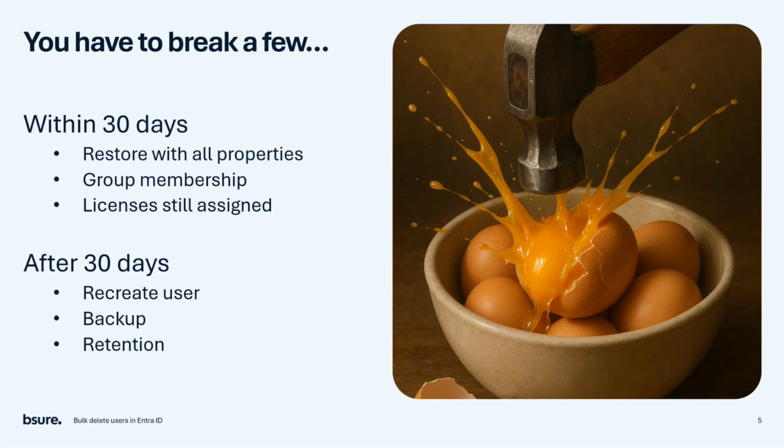You have to then recreate the user, and whether you can recover content depends on whether you have backups of your 365 environment, and also what retention policy your organization has set for mailboxes, OneDrive, Teams, and so on. But the key takeaway is, as long as you discover a deletion that was unintended within 30 days, the consequences are minimal and the restoration process is quick and simple.